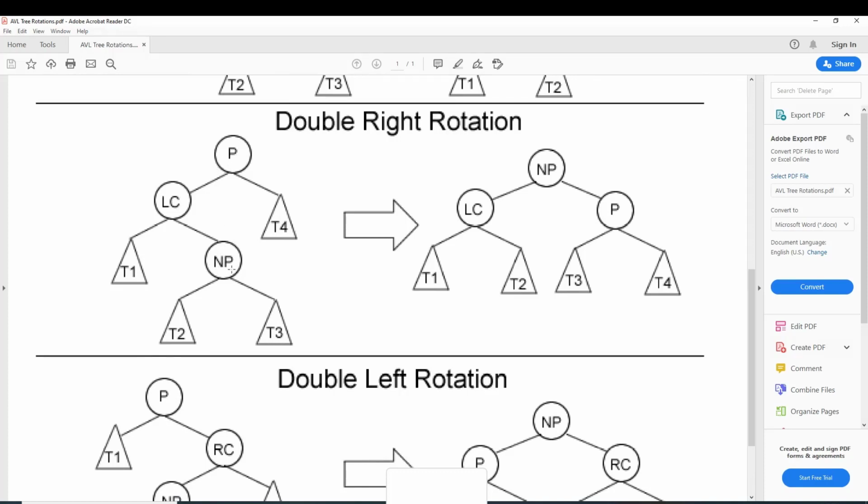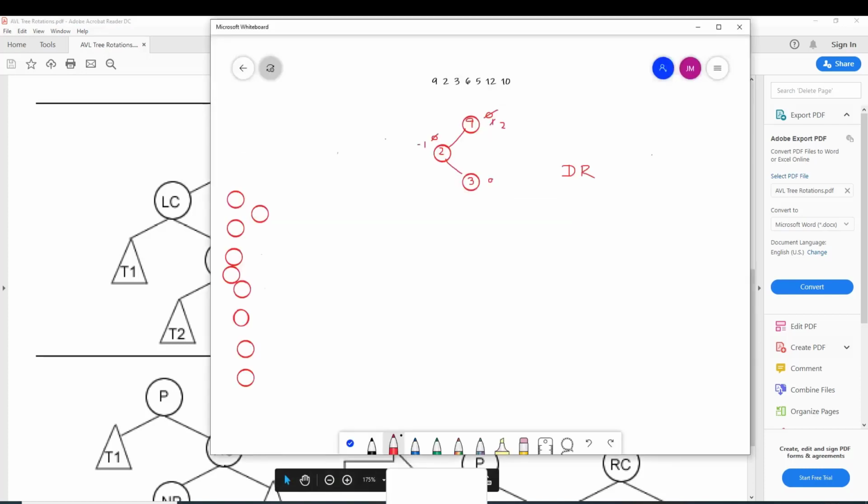Parent, left child, new parent. The new parent goes up. The left child is to the left of the new parent, and the old parent is to the right of the new parent. Okay, so this was the parent, this was the left child, and this one was the new parent.